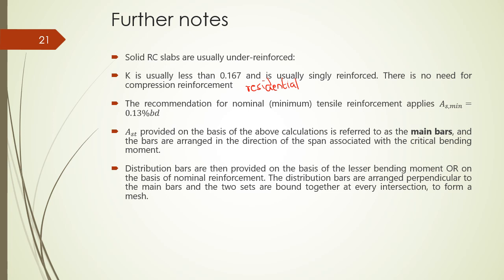Distribution bars are then provided on the basis of the lesser bending moment or on the basis of the nominal reinforcement. The distribution bars are arranged perpendicular to the main bars, and the two sets are bound together at every intersection to form a mesh.